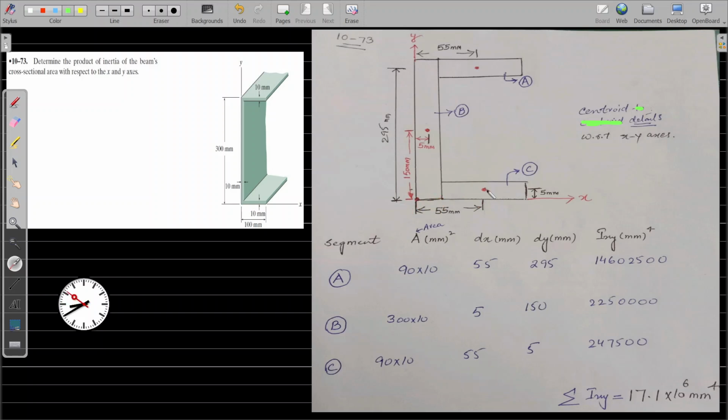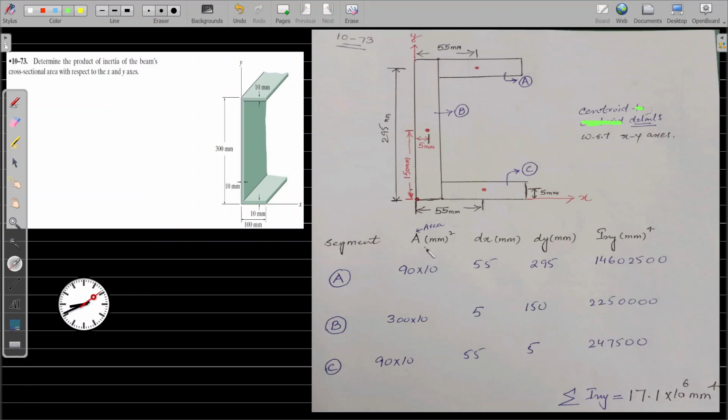But now the dy is going to be much lesser, because this is the centroid for flange C and this is our x-axis. You can very easily calculate that this distance will be 5 millimeters. Multiply the three quantities, and you will get this value.